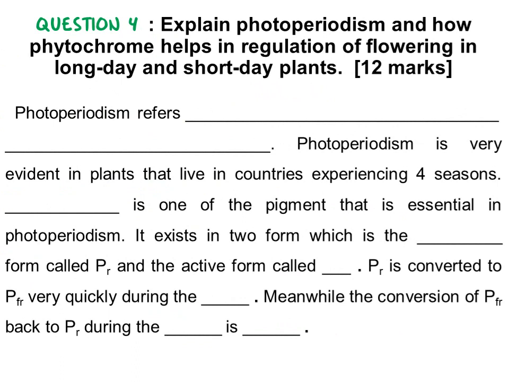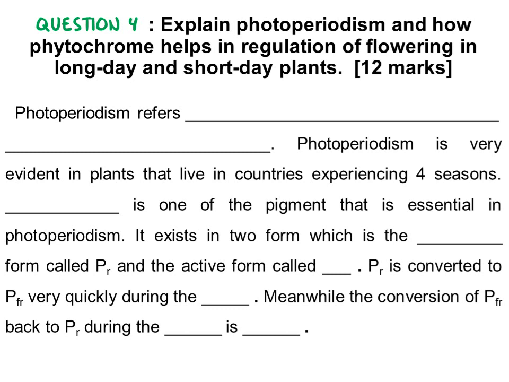Explain photoperiodism and how phytochrome helps in the regulation of flowering in the long day plant and in the short day plant, 12 marks. So we start with photoperiodism. Over here you have to state the definition.